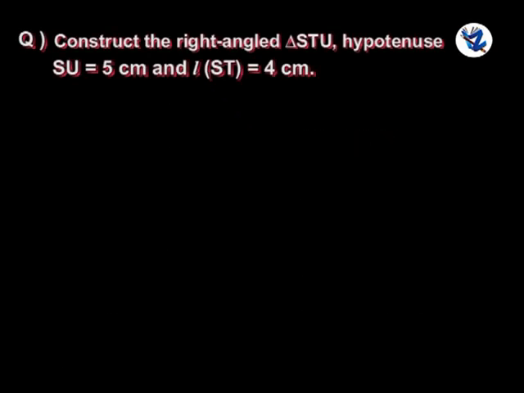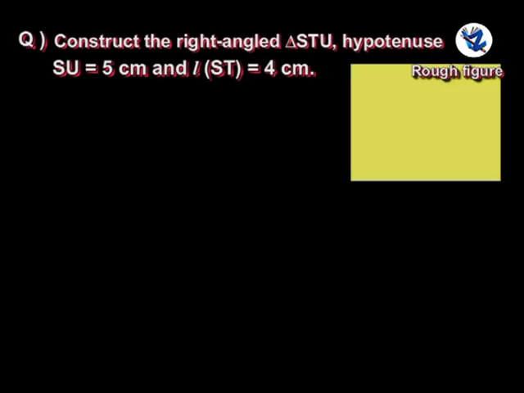So the question: construct a right angle triangle STU, hypotenuse SU is 5 cm and length ST is equal to 4 cm. First we'll draw the rough sketch. First we'll draw the hypotenuse SU of 5 cm. Then ST is the segment of 4 cm. At T we'll draw an angle of 90 degrees.